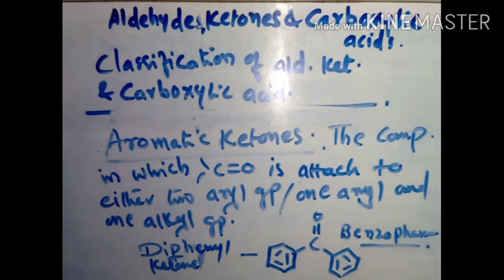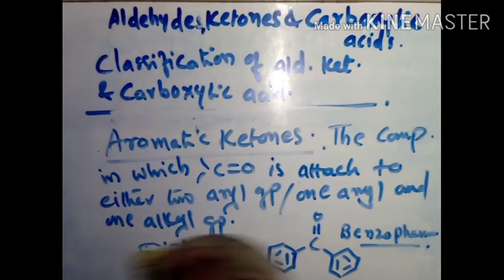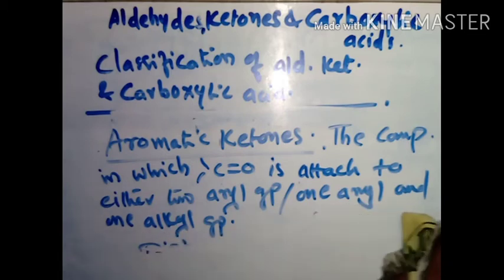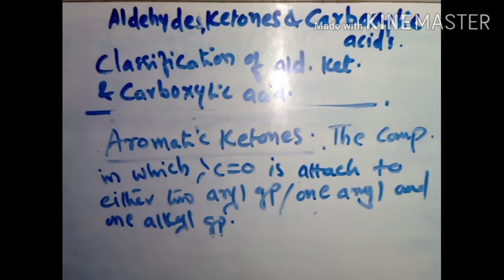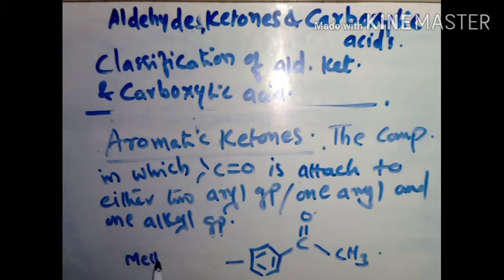Now another example we can take, in which one aryl and one alkyl group are attached to the carbonyl carbon, that is the C double bond O, and through this carbonyl carbon one aryl group and one alkyl group are attached. The name of this compound is acetophenone, or you can say methyl phenyl ketone.